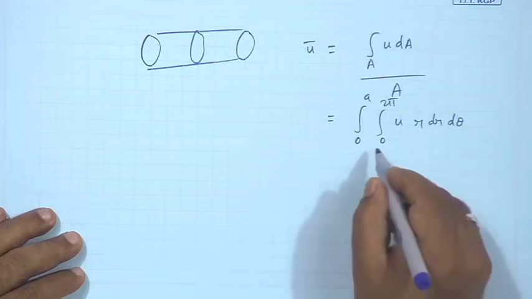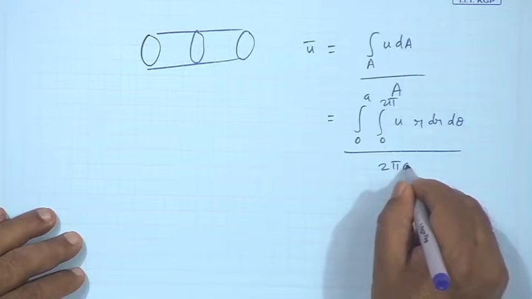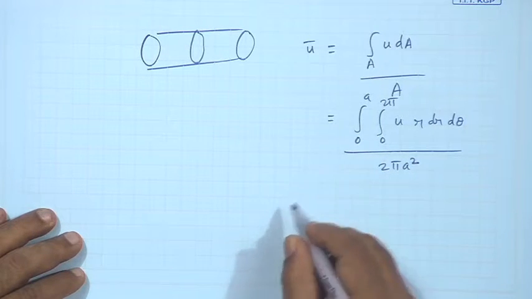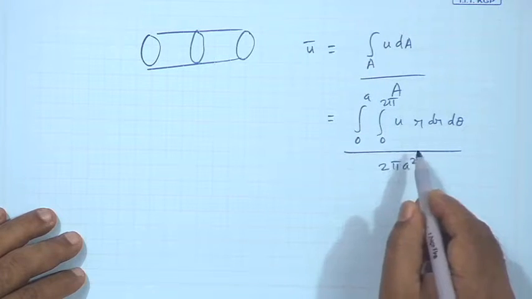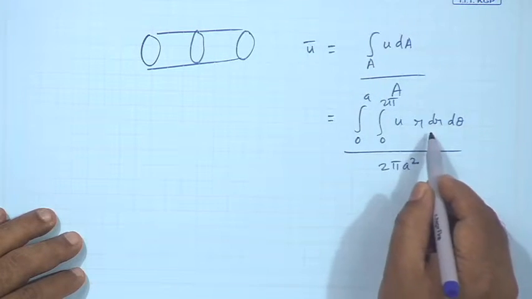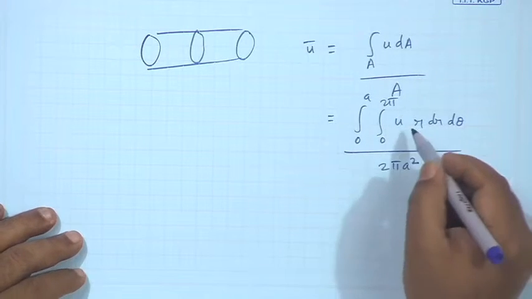Okay. And then correspondingly the area is 2 pi a square. Okay. So, once you integrate, the 2 pi will get cancelled.